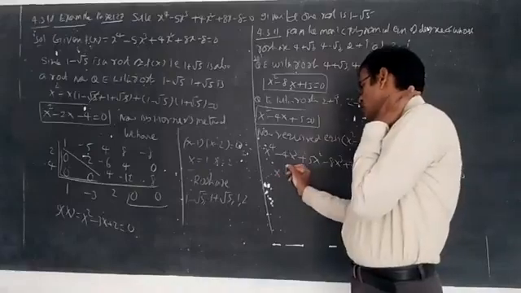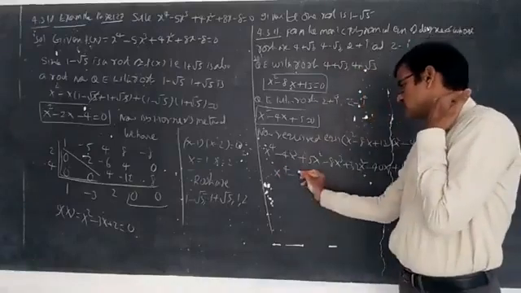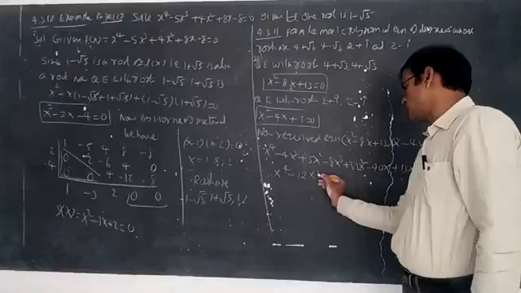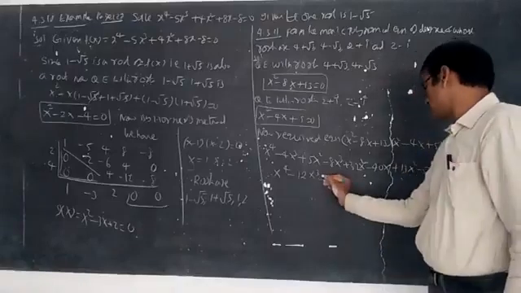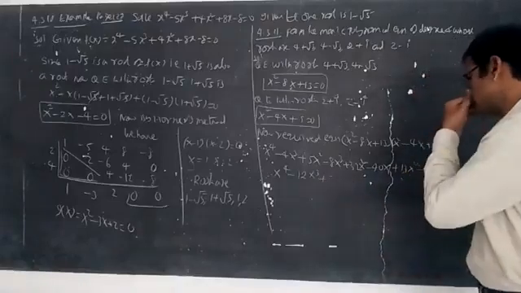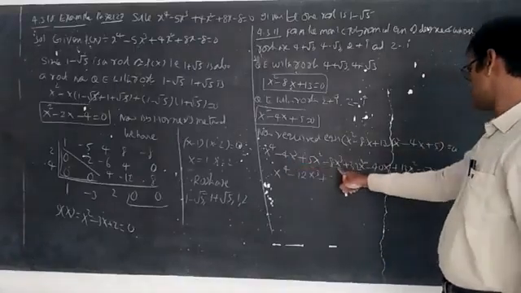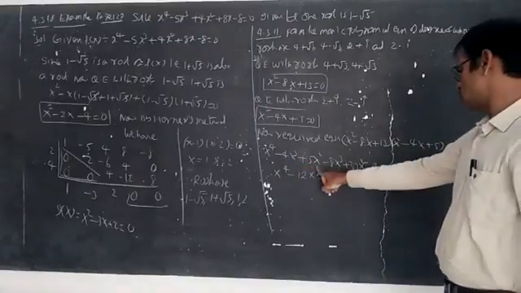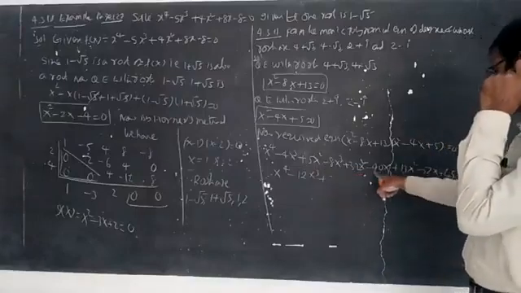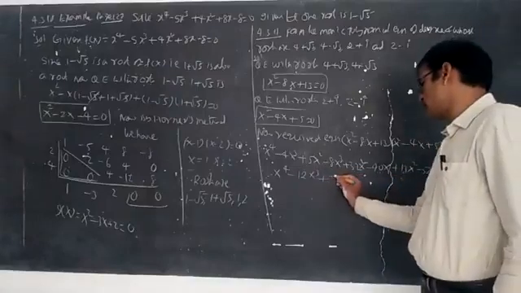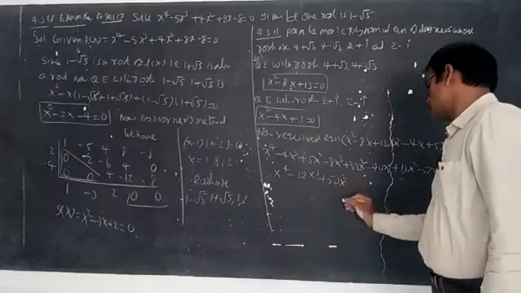Write in order: x power 4 minus 12x cube. Next, 5 plus 32 plus 13, that is 50x square.